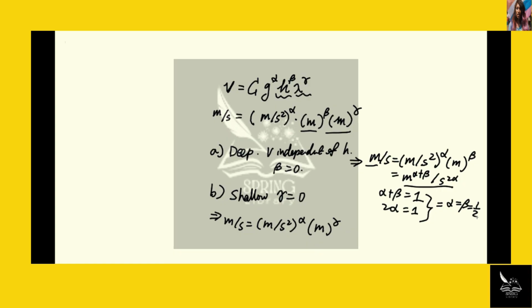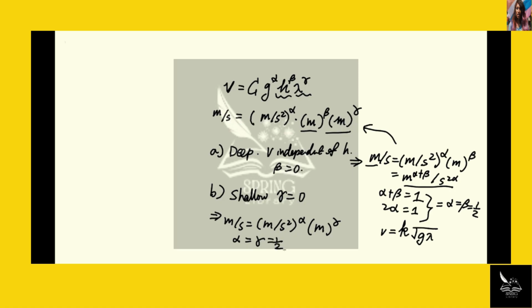So if we put this back here, we get V equals some constant, we call it K, times the square root of g lambda. And the same thing here, gamma equals 1/2.